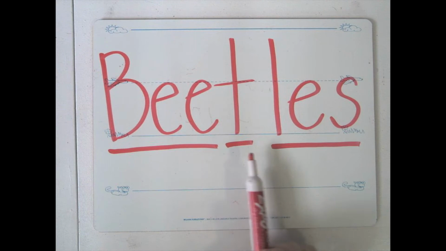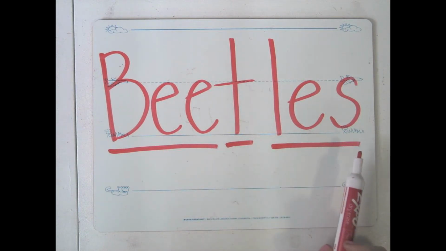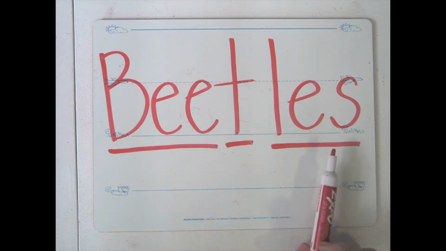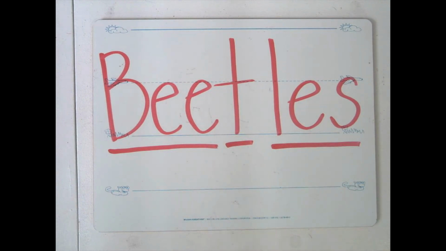Bee, t, les. Does that make sense? I think so. Let's say it faster. Beetles. Beetles is a word that you will see in the book Goliath Beetles, Giant Insects.